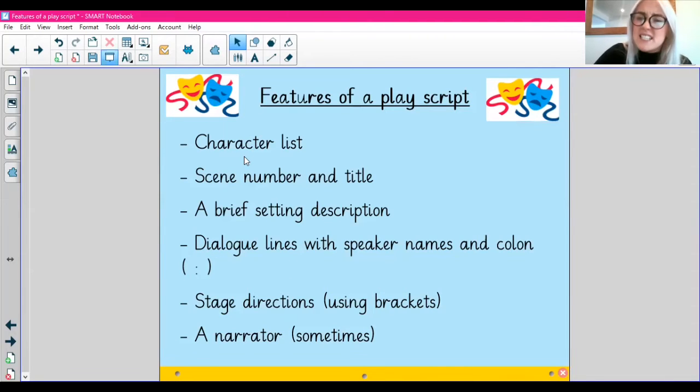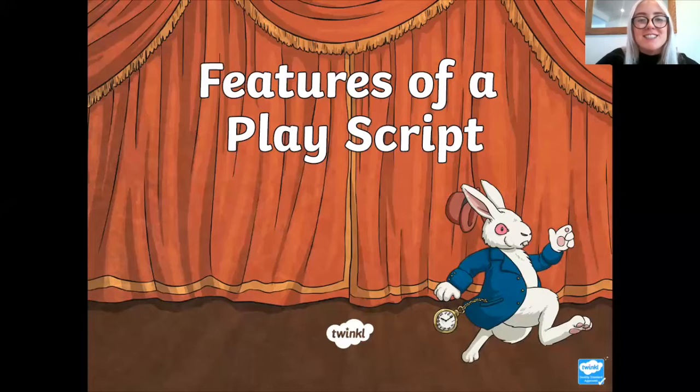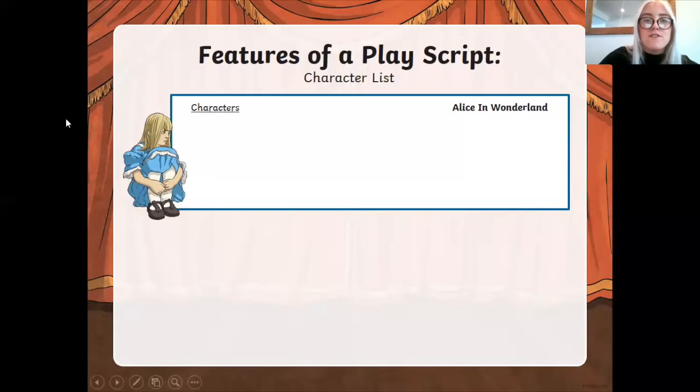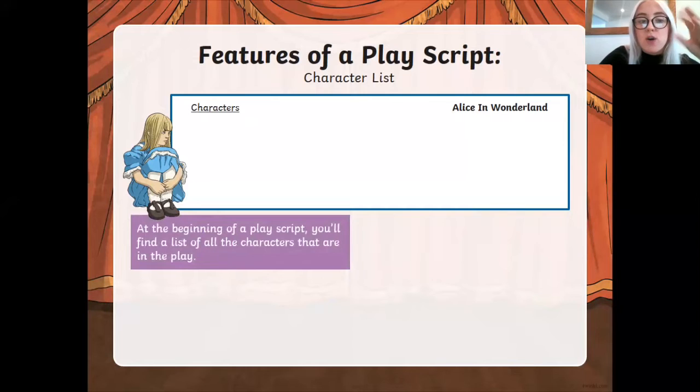Now, let's have a little look at these in more detail so we definitely understand them. Let's have a look. Right, so features of a play script. So the first feature, like we said, we looked at is a character list. So at the start of a play script, you will usually find all the characters in a list.